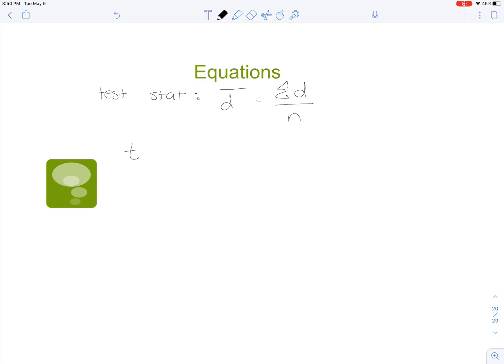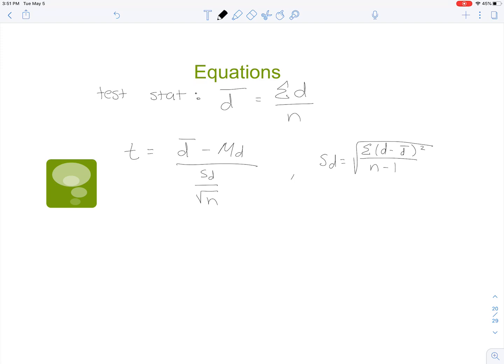The standardized test stat, which we're going to use the t, would be d bar minus mu sub d over the standard deviation over the square root of n. And the standard deviation can be written as the square root of the sum of d minus d bar squared over n minus 1.